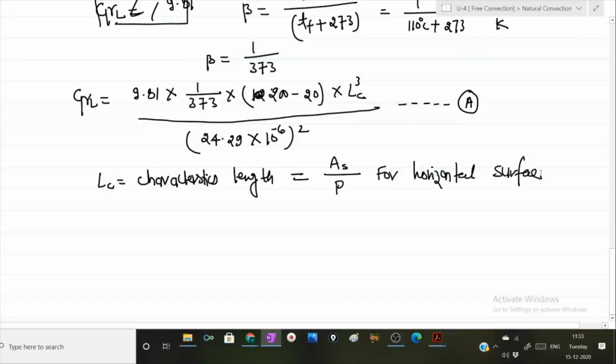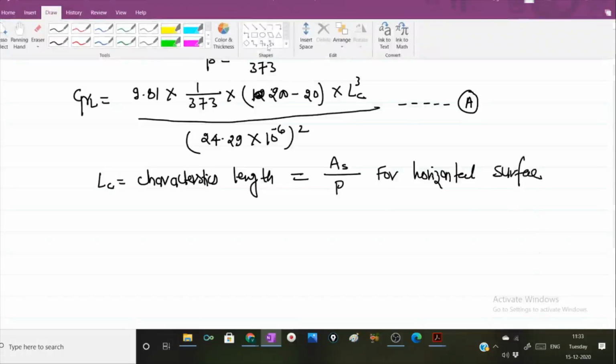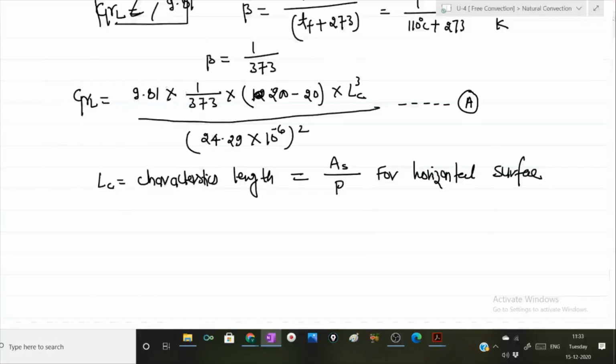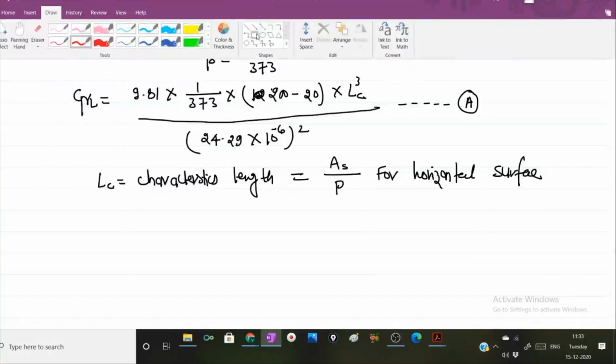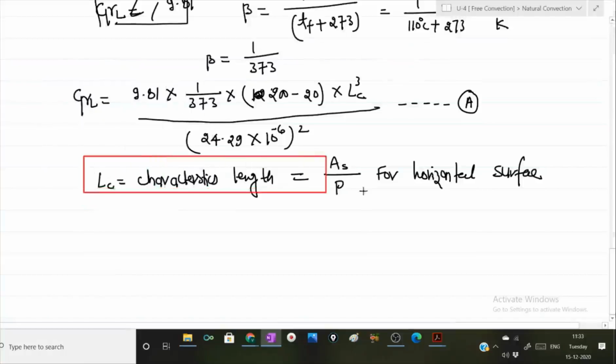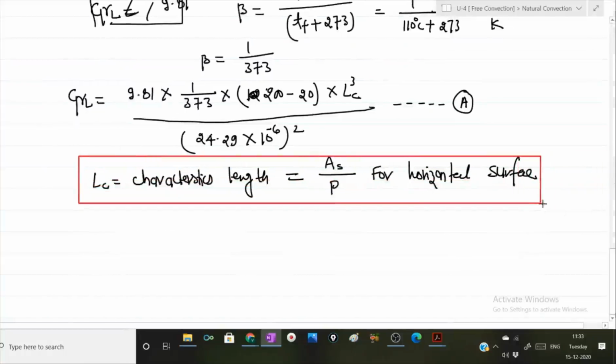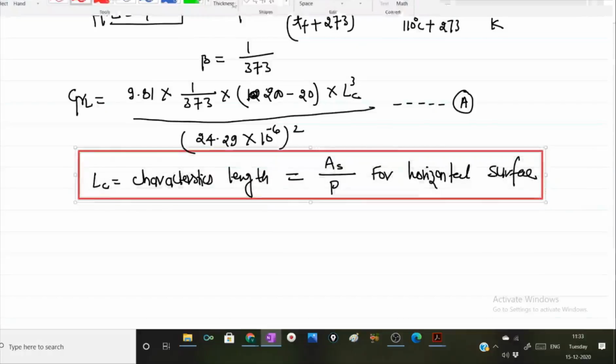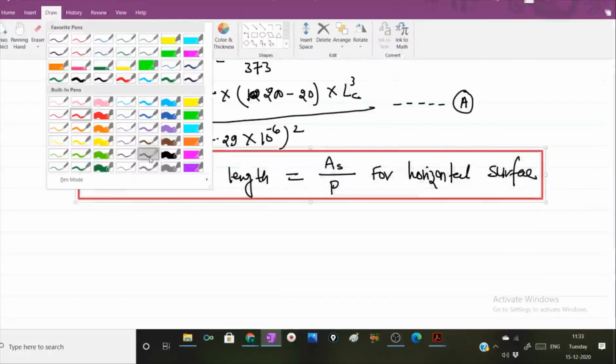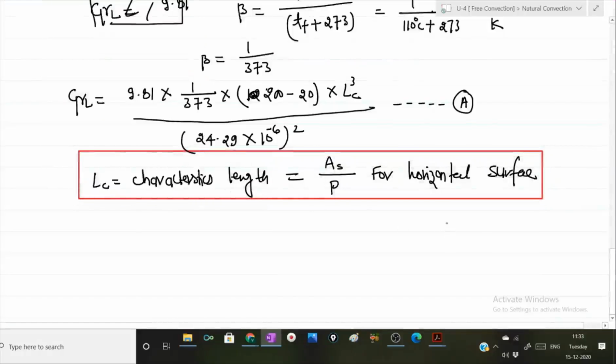Please mind well, this is a point worth remembering. That is why I am highlighting this. Okay. Where As is surface area of this circular plate.